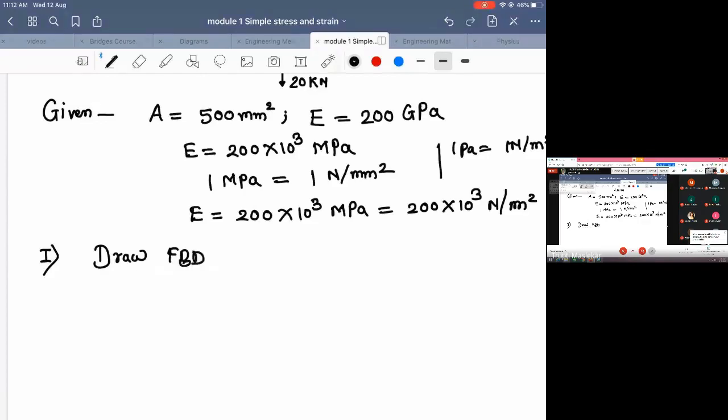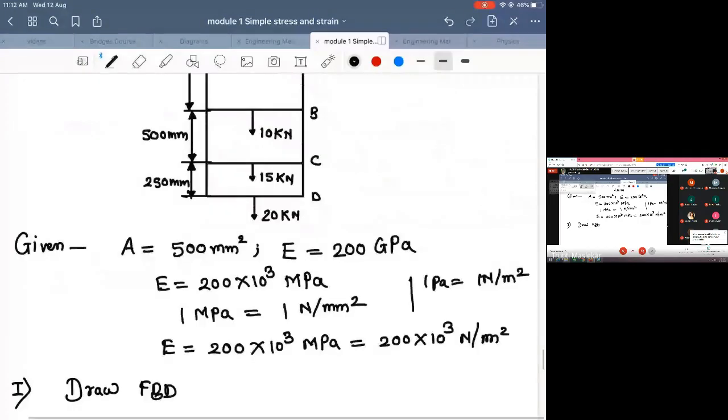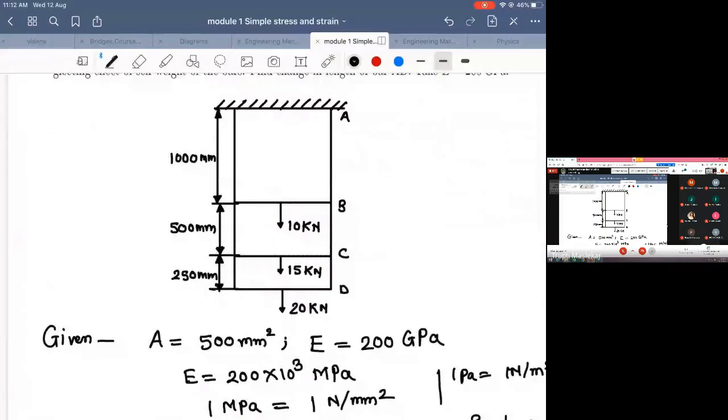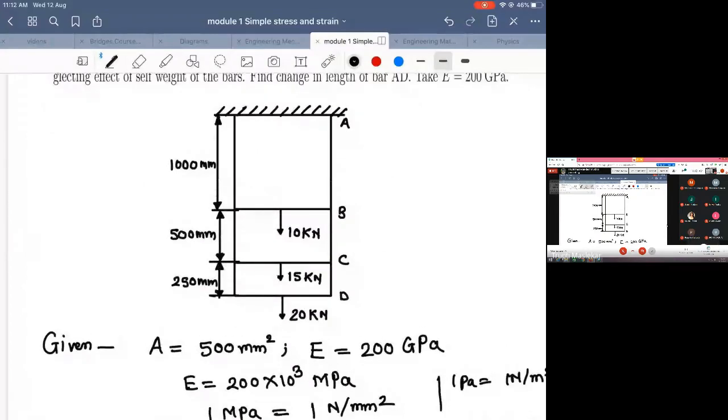Now how to draw the free body diagram? Whenever you are solving these types of problems where one end is fixed, just start drawing the free body diagram from the free end. Which is the free end? This is the free end, CD. So initially I will draw the free body diagram for part CD, then for BC and then for AB.